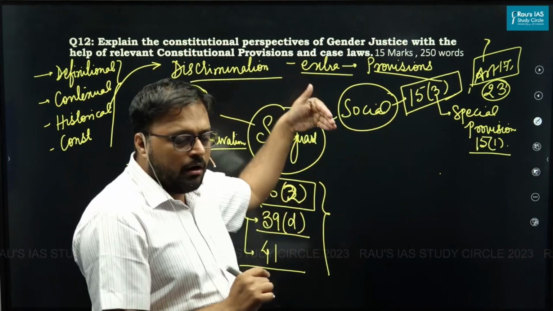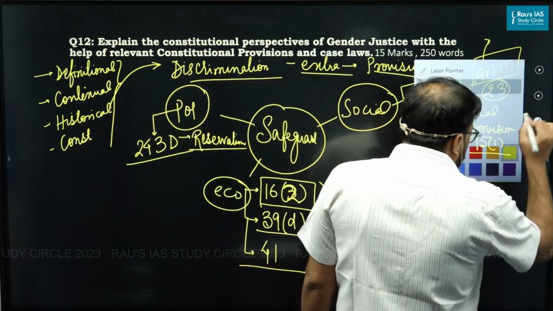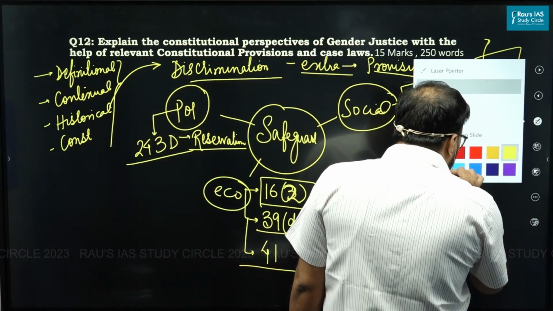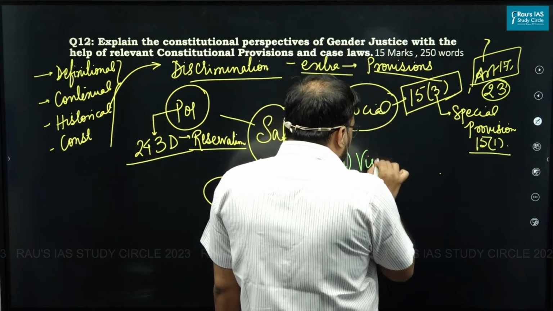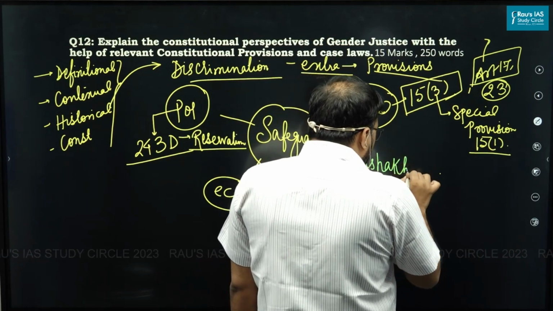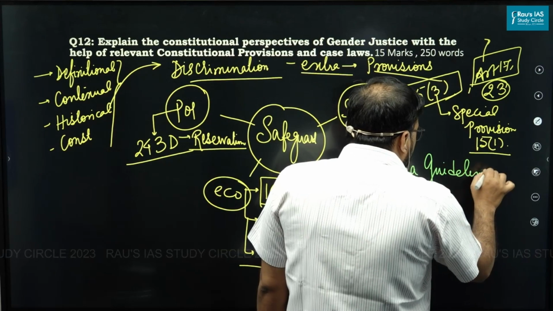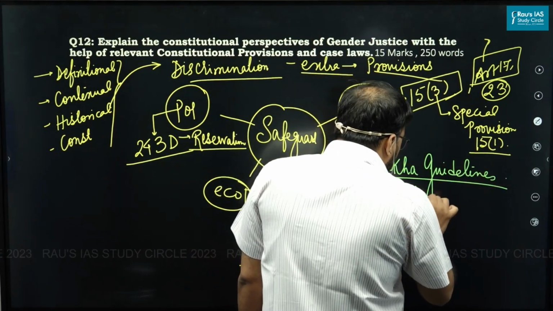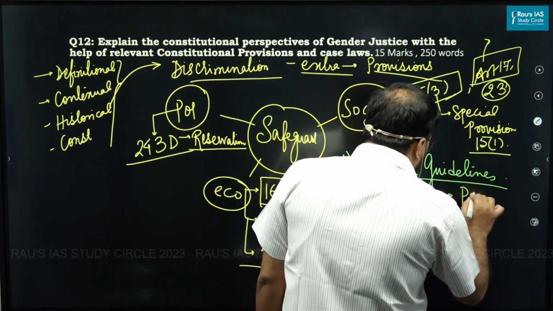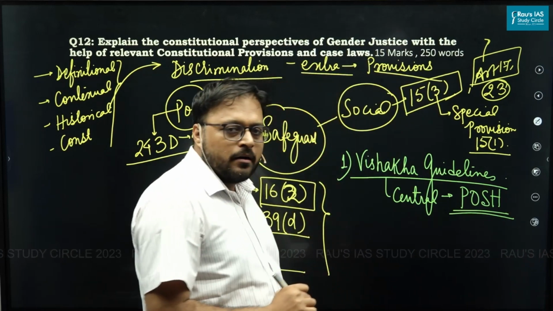Now the question is talking about case law. So in the matter of case law, you can simply mention first the Vishaka guidelines. And we know that Vishaka guidelines have been the bedrock, the central point for having the POSH Act, that is the prevention of sexual harassment at the workplace.